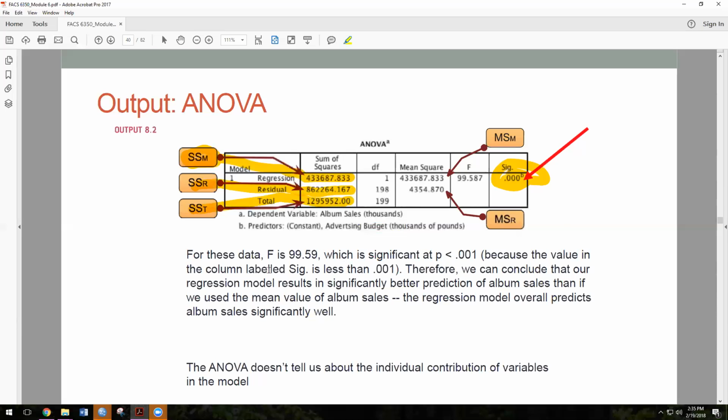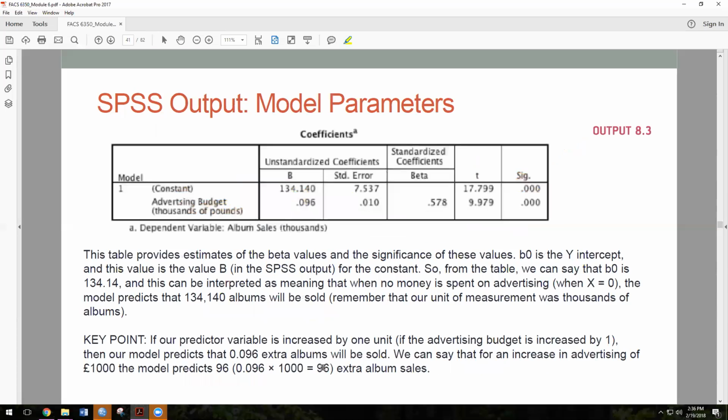So my F value is 99.59, and it is significant. So I can conclude that the regression model is a significantly better predictor of album sales than if you use just the mean value. So your null hypothesis is using your mean value, and you want to reject that null hypothesis.